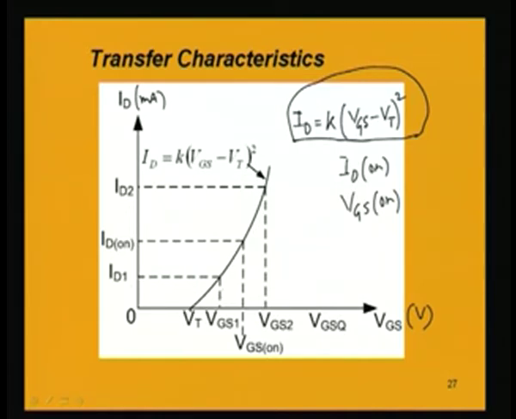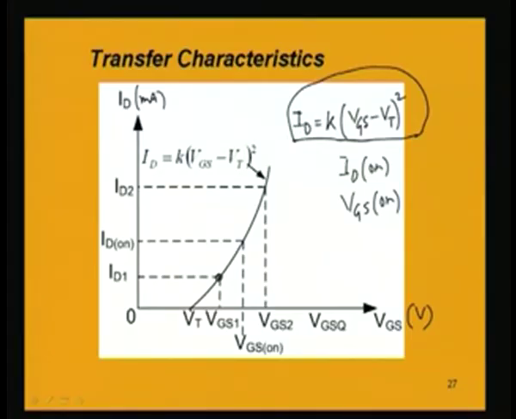So, we are getting another point here, and again take a VGS for a current in the higher region, say a higher value of ID2 is given for VGS2, that is another point. So, we have 4 points right now. Joining these 4 points, we get a curve which is the transfer characteristic for this enhancement type MOSFET device.